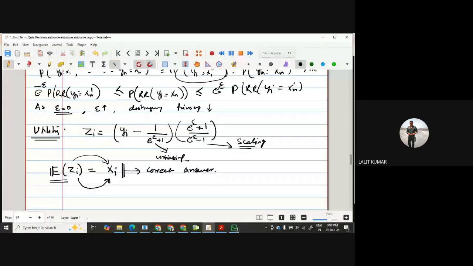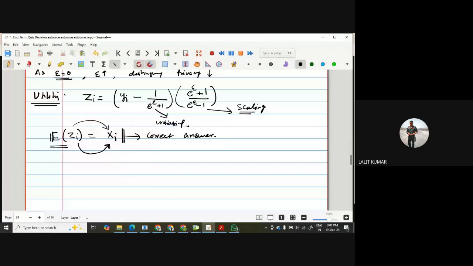Okay. Now remember, this zi has a scaling of e to power epsilon plus 1 over e to power epsilon minus 1.